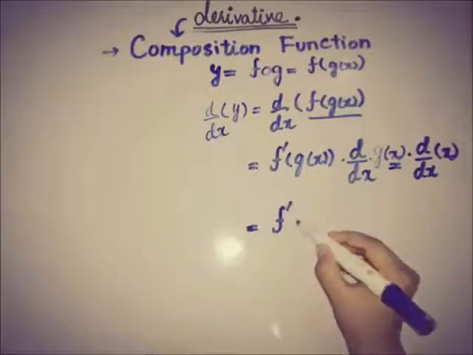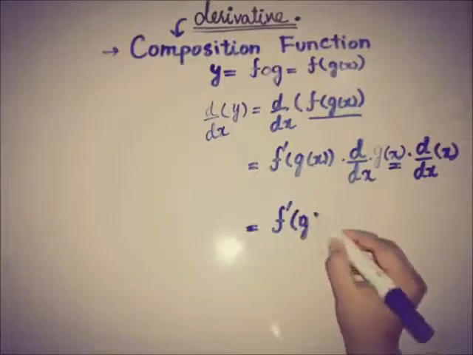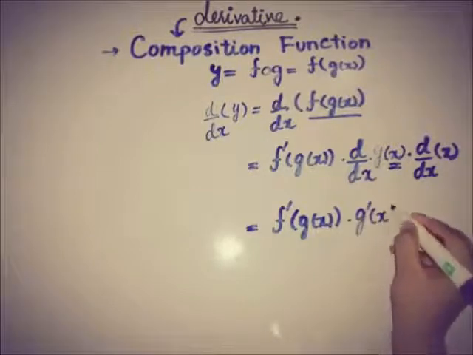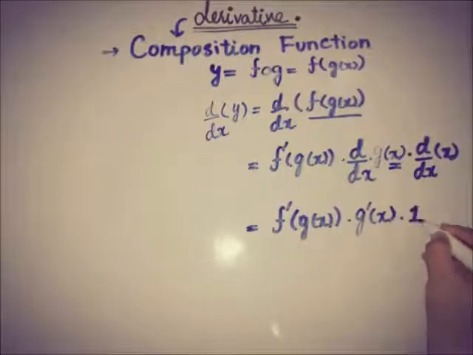Then we get f dash of g of x and g dash of x, and we get 1.